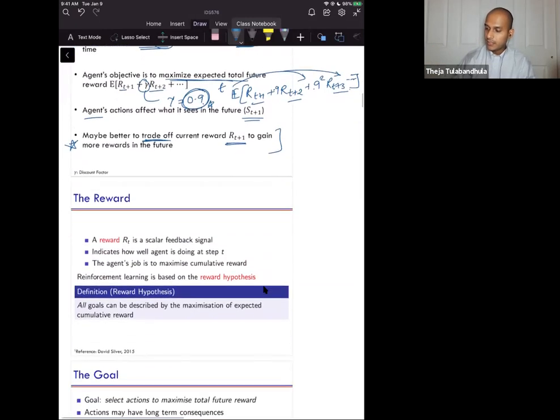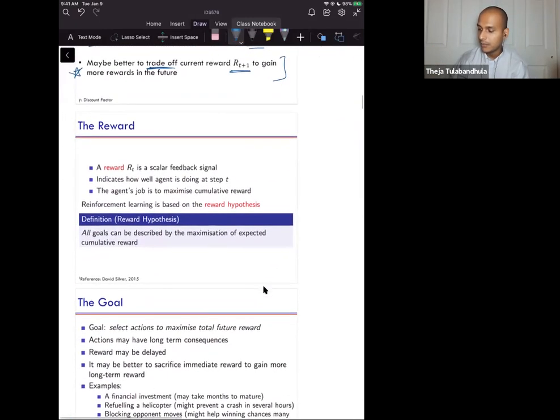So now let's talk about a few other components. I was talking about rewards quite a bit, and I was using this letter R, let's say Rt+1 when I take an action At at state St. So these are all random variables. It's just a scalar number. It could be positive, negative, whatever.